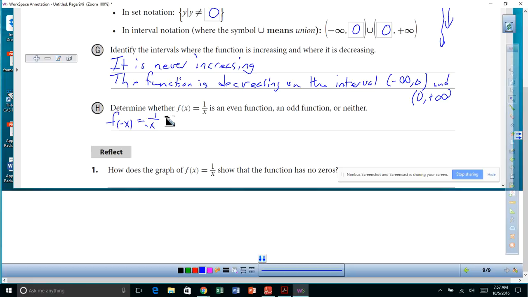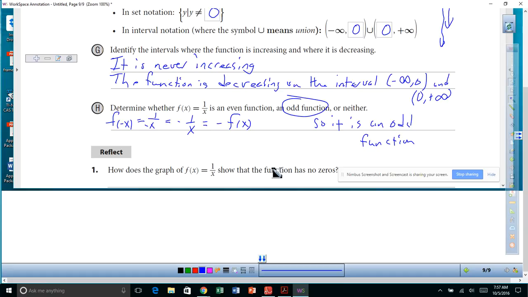Well, 1 over negative x equals negative 1 over x, which is negative f of x. So it is an odd function.